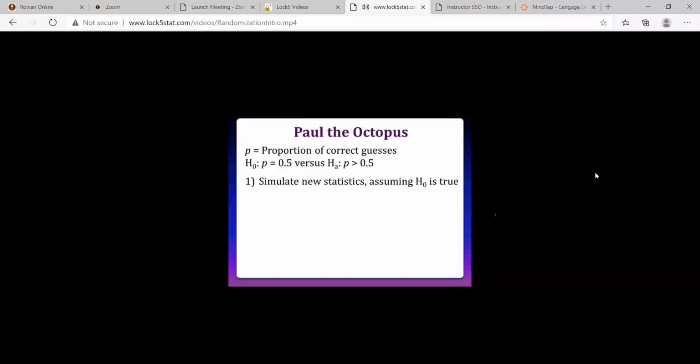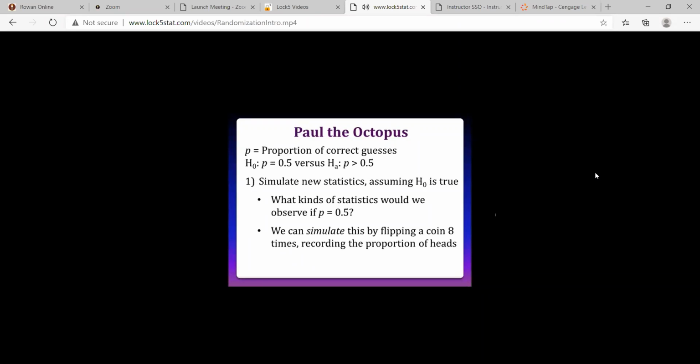In a randomization test, the first step is to simulate new statistics, assuming the null is true. In this case, we want to know what kinds of statistics we would observe if P equals 0.5. Well, luckily, we can simulate this just by flipping coins.